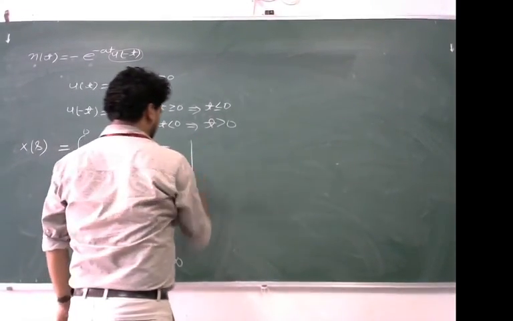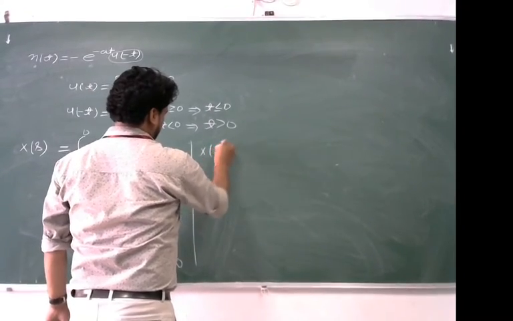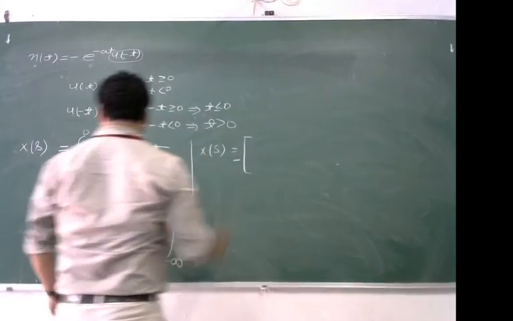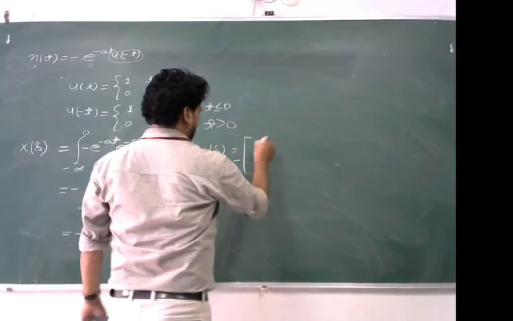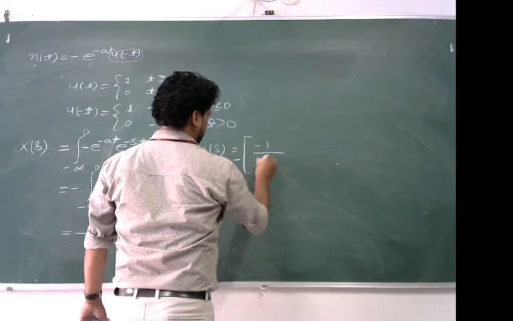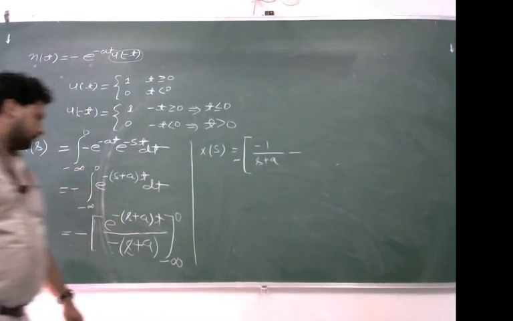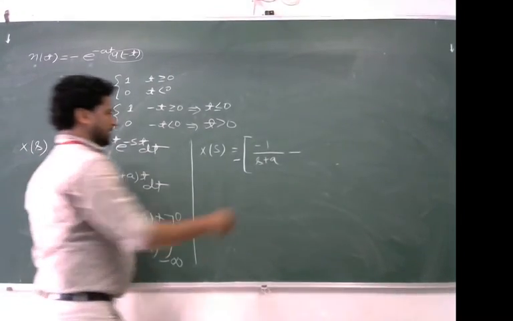So this will become, when I put t equal to 0, minus is already here outside of the bracket, minus 1 upon s plus a, minus, and 1 minus is already here, this will become plus.